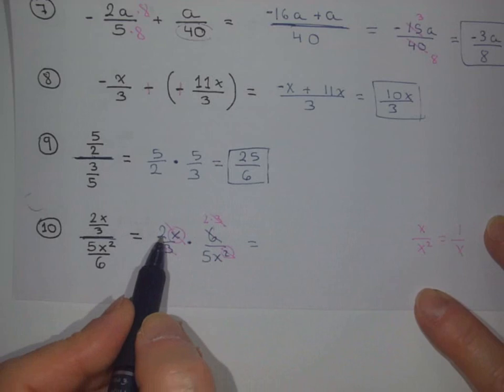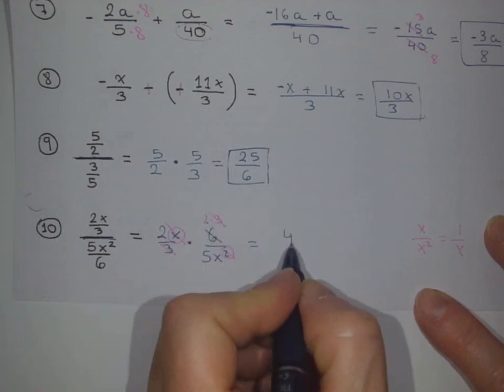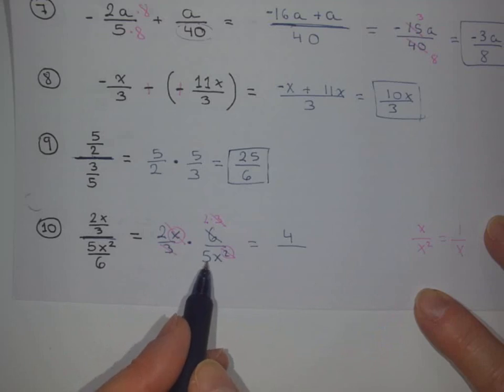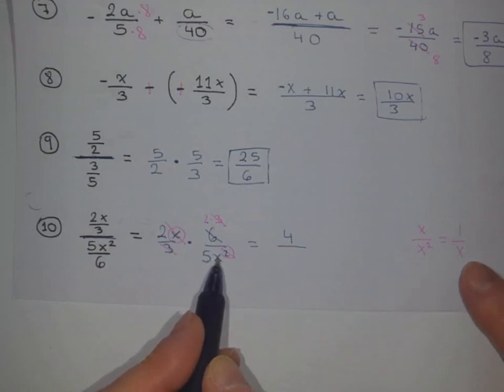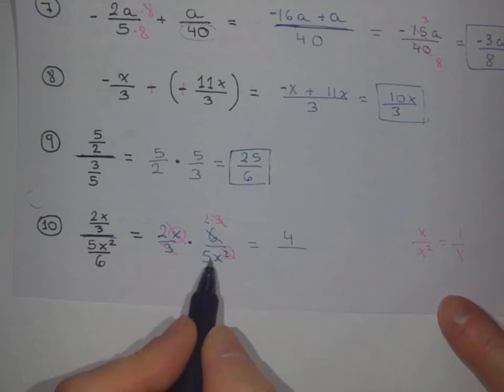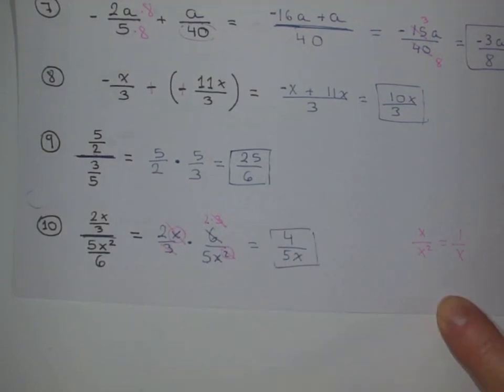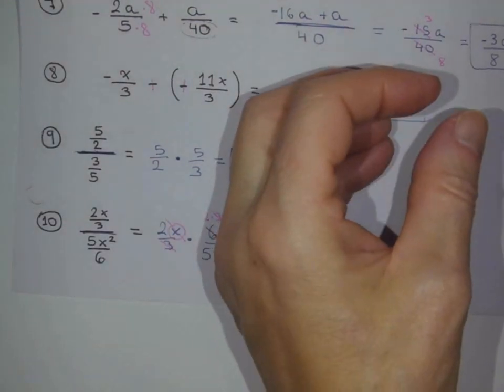So 2 times 2 is 4 over, gone, 5 stayed, and 1x was left over. Remember we said 1x. So 5x is left in my denominator, and nothing simplifies any further, so we're done there.